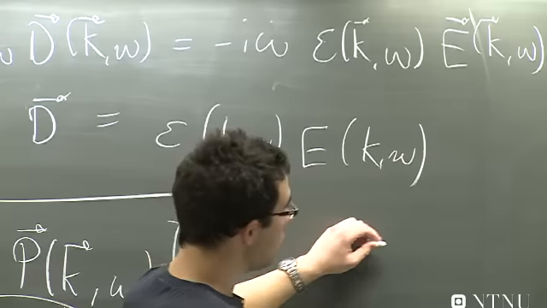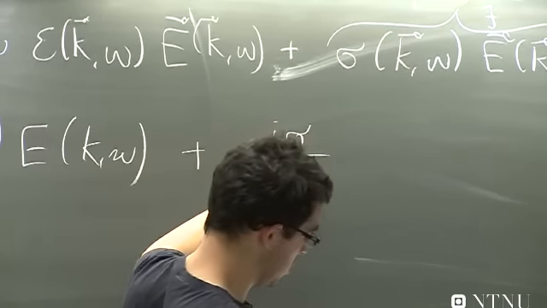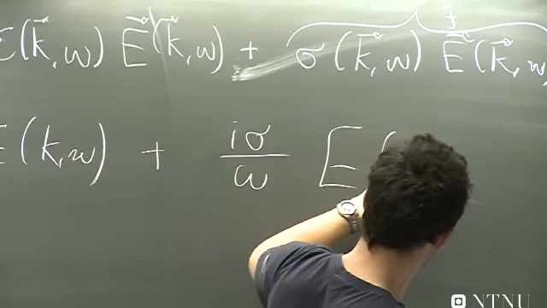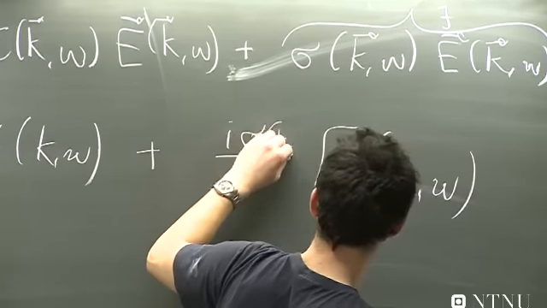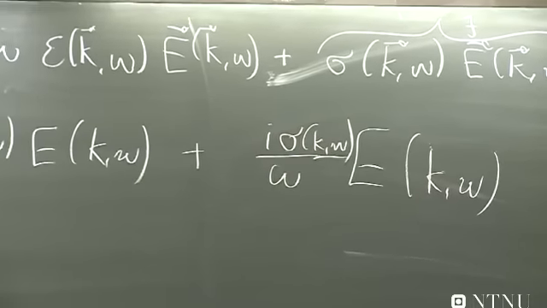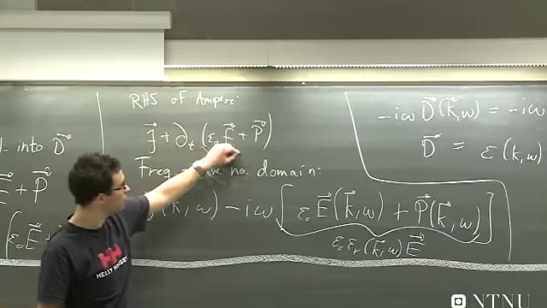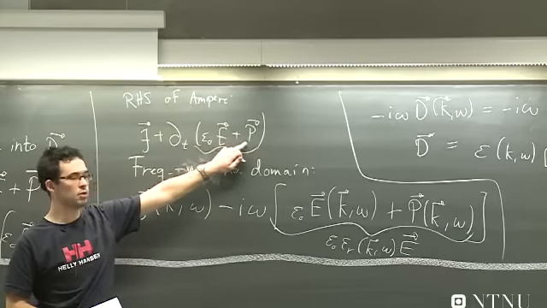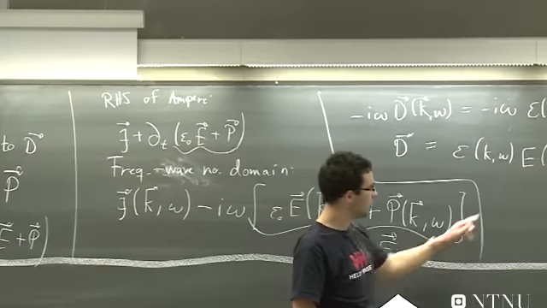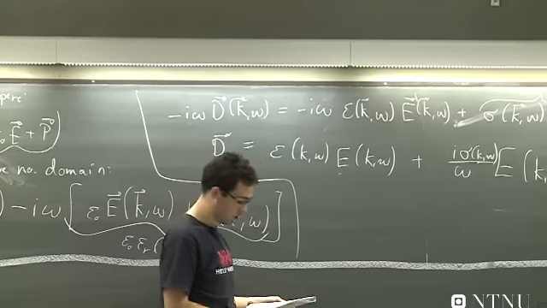And also this conductivity term becomes i sigma over omega times E. Now we saw that before, P is proportional to E, so you get out a constant times E. And now I'm doing the same because I have E here and E there, so I factor that out, and we get this on the same form.